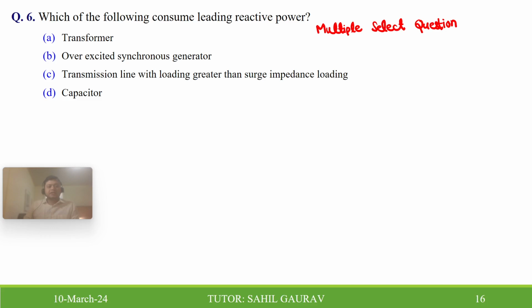The options are: first, transformer; second, overexcited synchronous generator; C, transmission line with loading greater than surge impedance loading; D, capacitor.